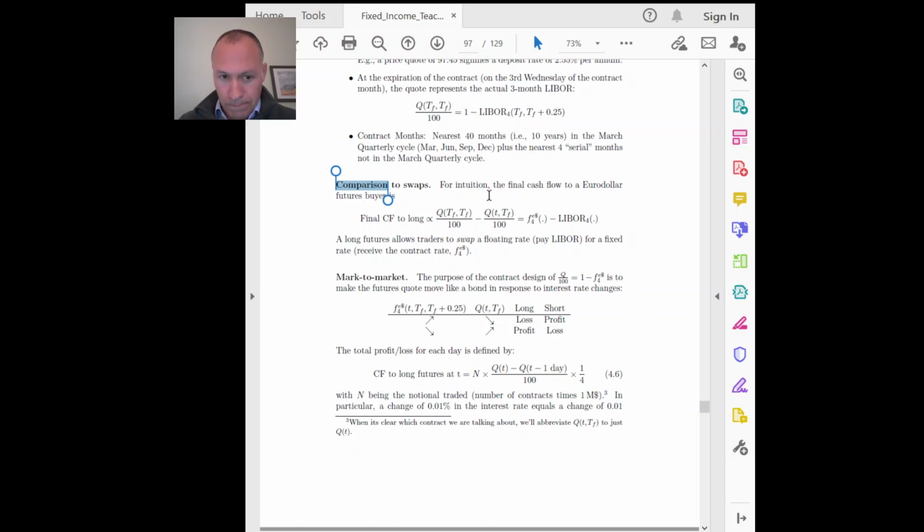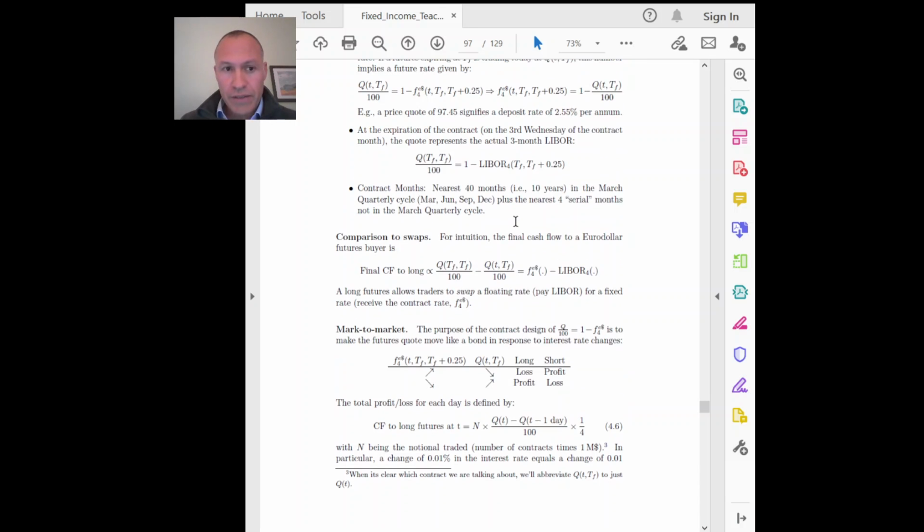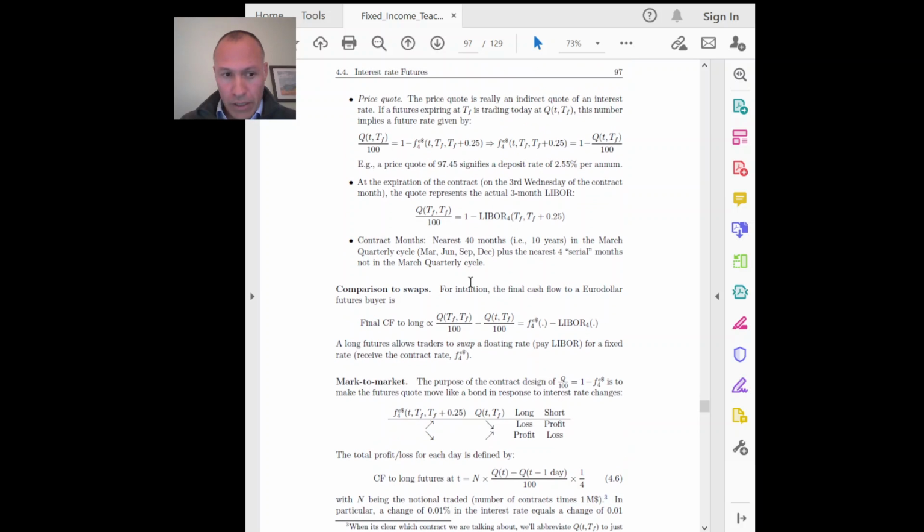So the final cash flow that goes to the long side of the futures is the final price of the future, which we just discussed, has to converge to what is implied by the actual LIBOR, minus the initial price at which we enter the futures in the beginning date, small t.